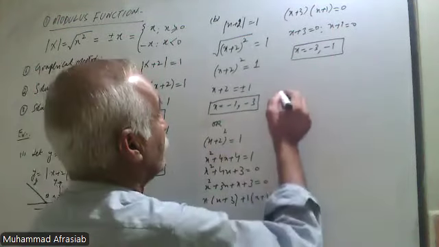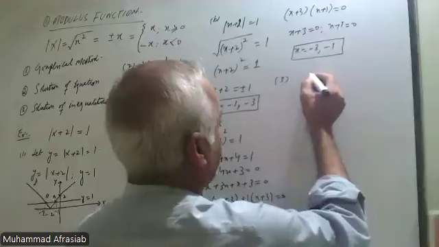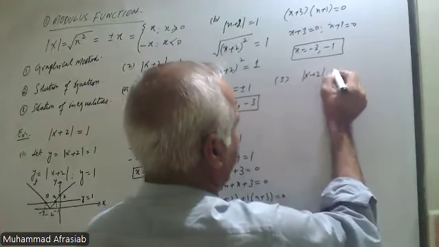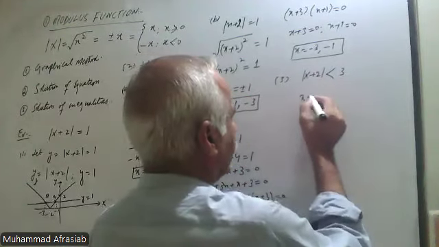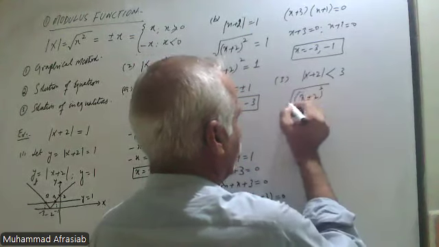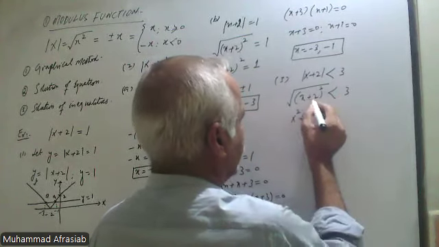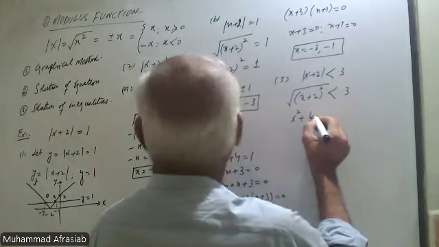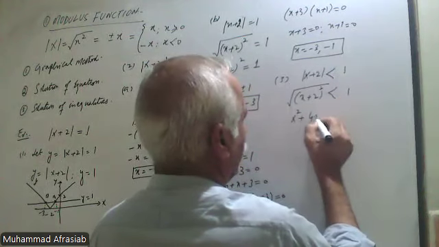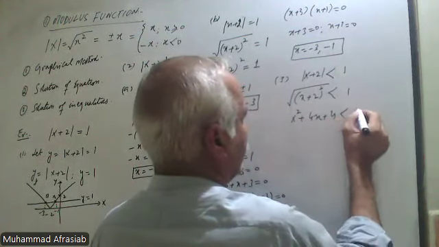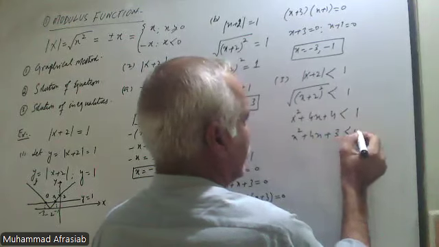Then for the third part, using inequalities in this function. Let's say |x + 2| is less than 1. If we remove this modulus, the square root of (x + 2) squared is less than 1, or x squared + 4x + 4 is less than 1, or x squared + 4x + 3 is less than 0.